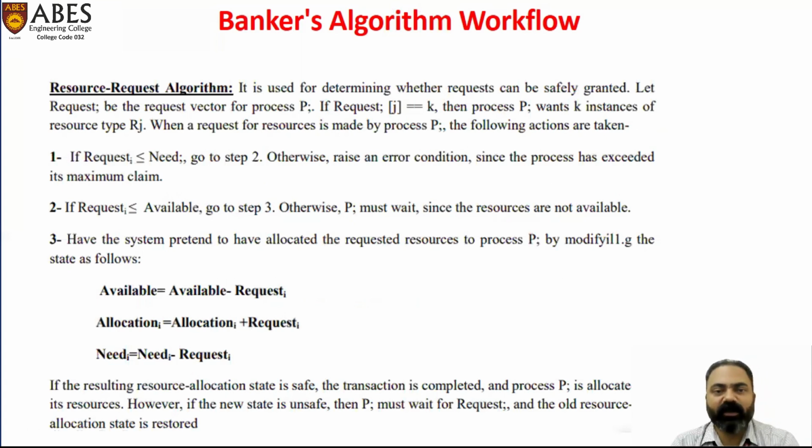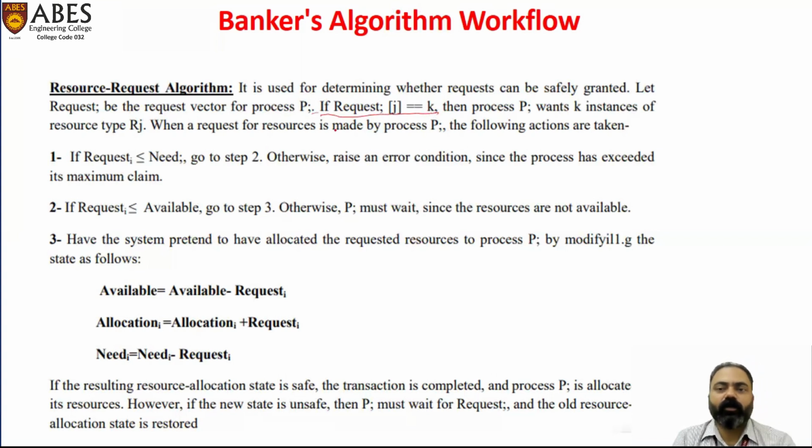Now here we can see the resource request algorithm. It is used for determining whether a request can be safely granted. Let Request be the request vector of process P. If Request[j] equals K, then process P wants K instances of resource type Rj.